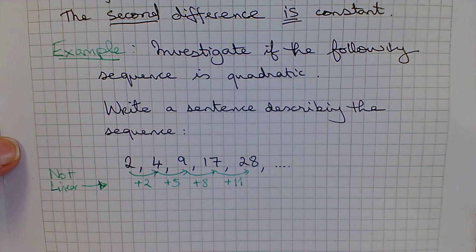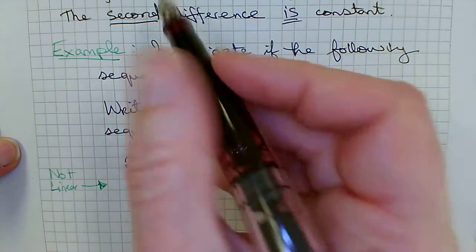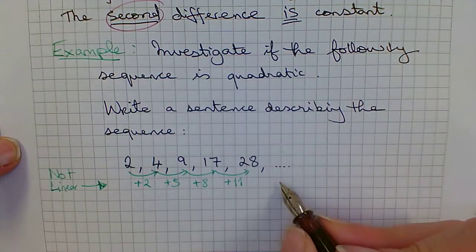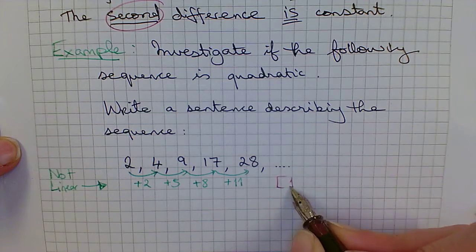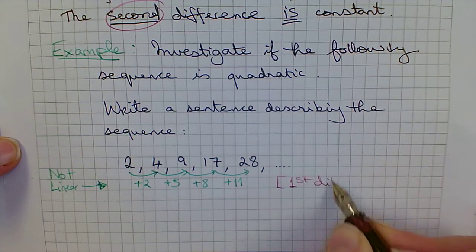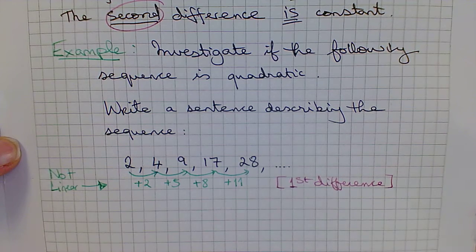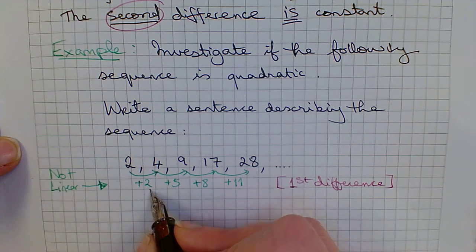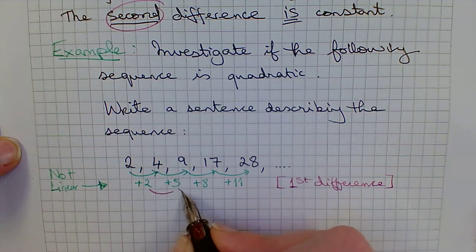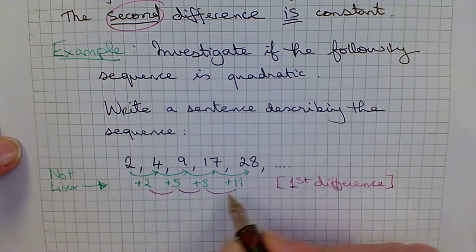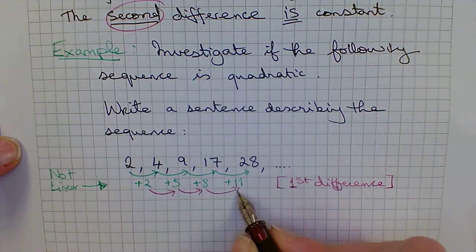What am I talking about when I'm looking for the second difference? This line here is what we call the first difference, and the existence of the first difference implies the existence of the second difference. The second difference is when I look at this list of differences and check how they are changing.